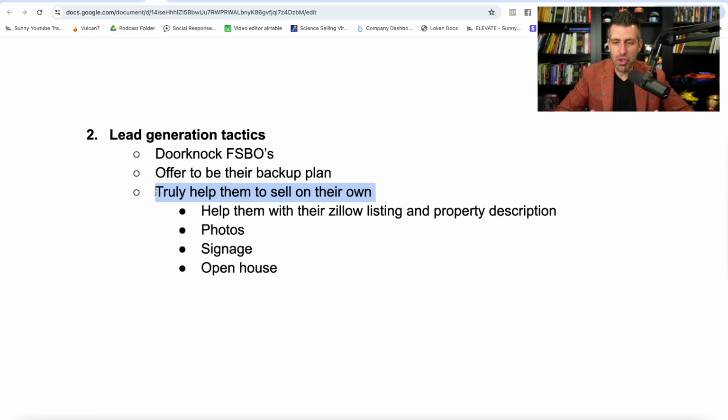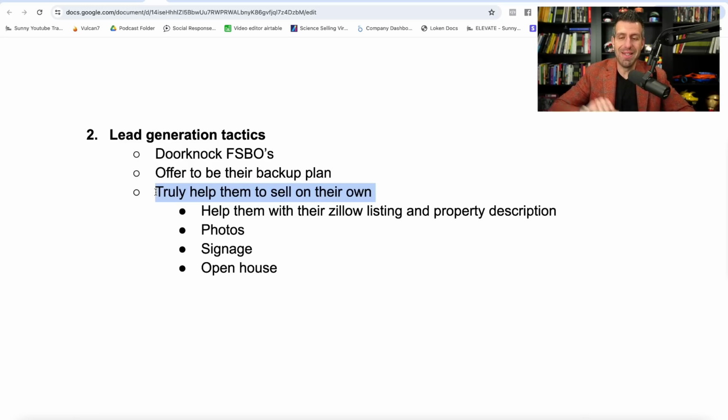If you go out there and you truly try and help somebody, because all of your competitors will not do that, right? They're all going to be in convince mode and try to persuade the for sale by owner that they are dumb for selling on their own and why listing with them would be so much better. And if you've tried that, you know it's very, very difficult to do. So we're going to do the opposite.